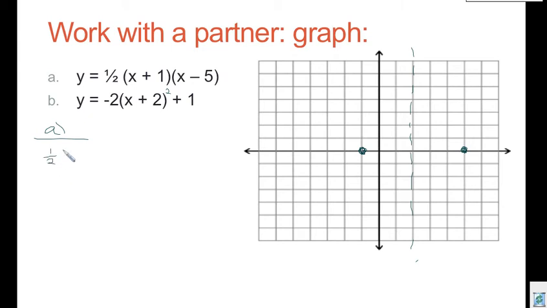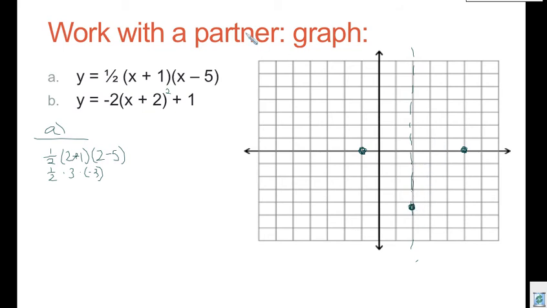So we can do 1/2 times 2 plus 1 times 2 minus 5. So let's see, 2 plus 1 is 3 times negative 3 and 1/2. So 3 times negative 3 is negative 9, times 1/2 is negative 4.5. So 1, 2, 3, 4.5 right here.